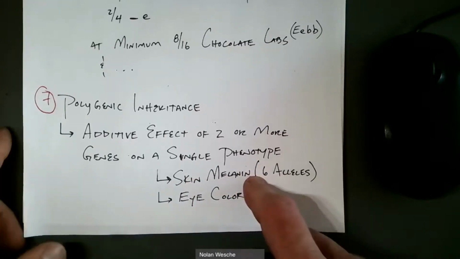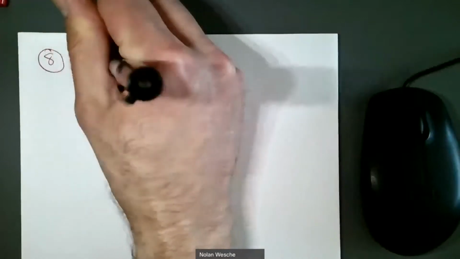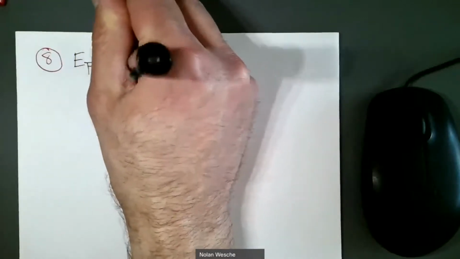Finally, number 8, almost finished. We're going to look at something called epigenetics. So number 8, and this is what we call epigenetics.